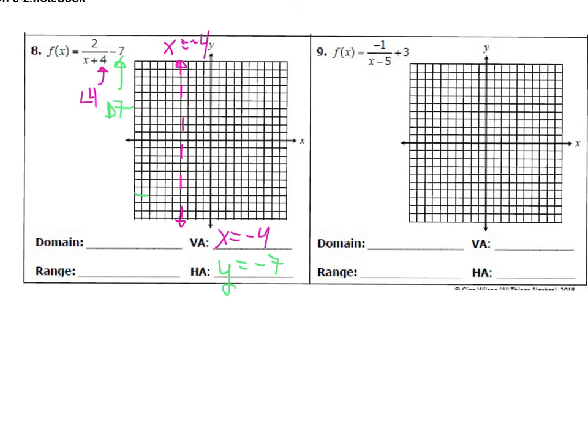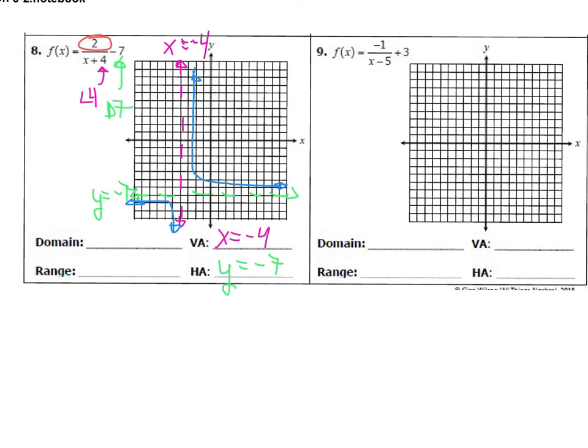Okay, so we've got it moving all the way down here. y equals negative 7. And then this creates a vertical stretch of 2, which I don't care about because there's no reflection. So you can plug in points if you want to, but quite honestly, there's where my branches will go, and those asymptotes give us shape to the graph, and we're almost done.